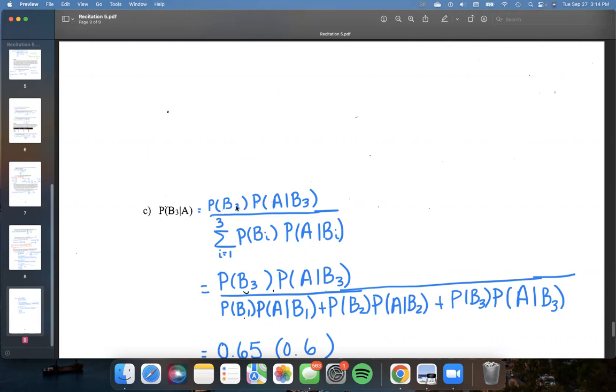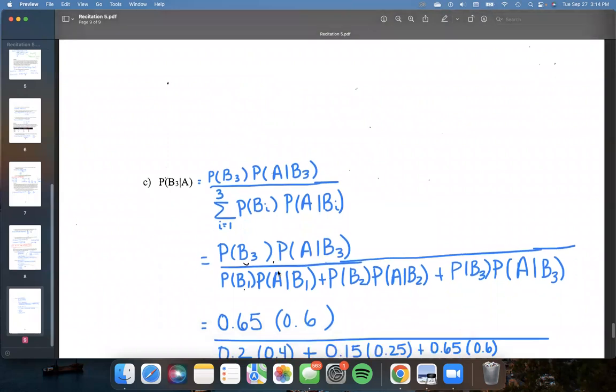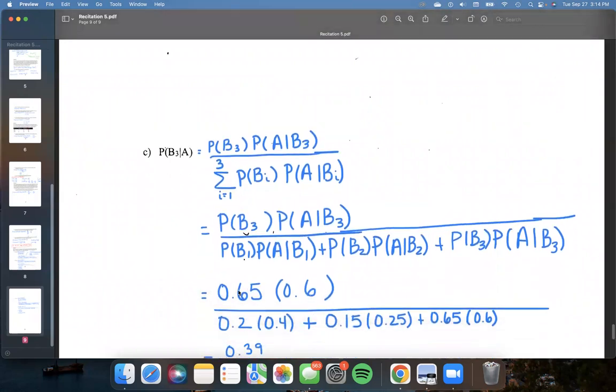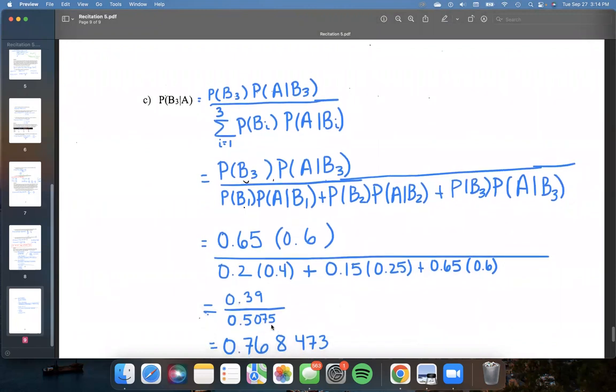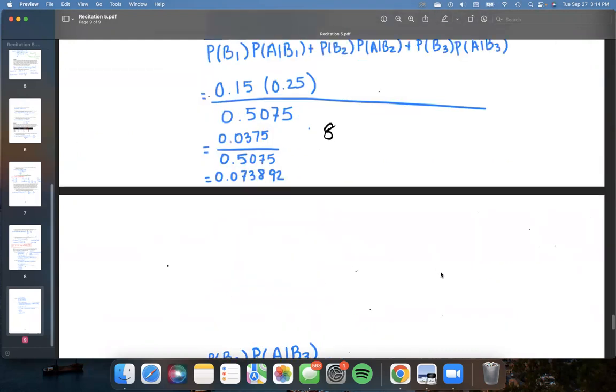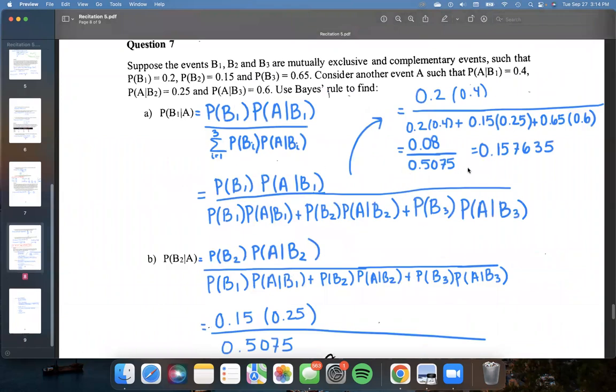So the probability of B3 times the probability of A given B3, which is 0.65 times 0.6 divided by that long denominator. That simplifies to 0.39 divided by 0.5075, which equals 0.768473. I just used my calculator to solve this.